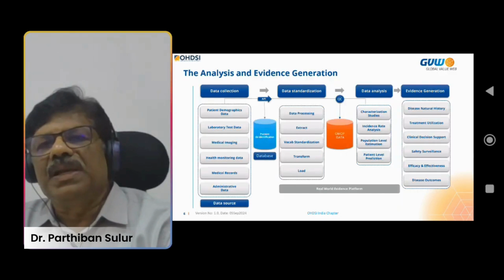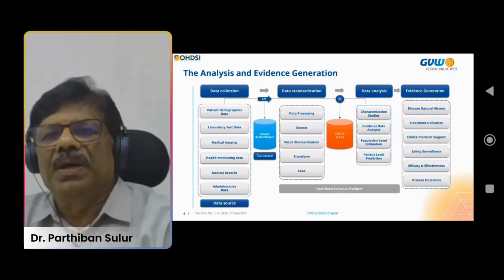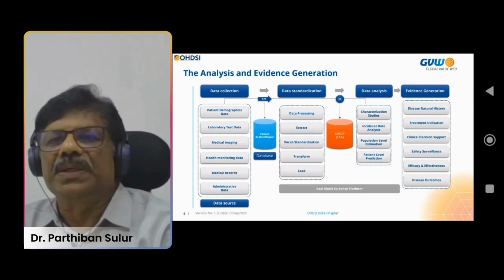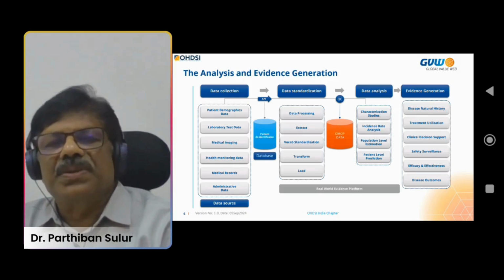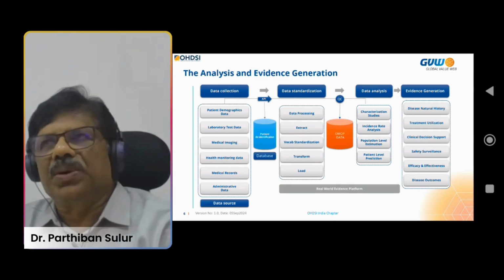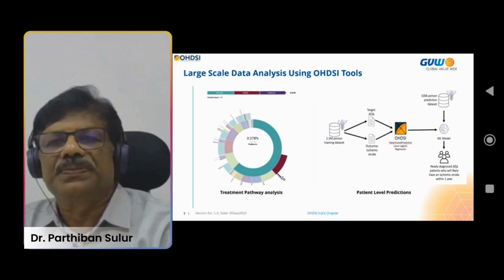This can be used for disease history, treatment utilization, clinical decision support, safety surveillance, and so on. This is primarily how the whole Odyssey ecosystem works.